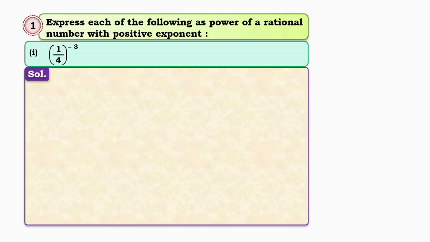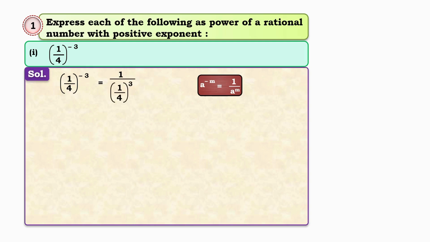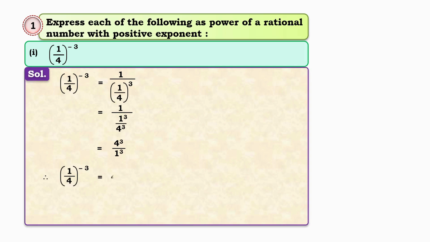So we have to make the exponent a positive number. So first we are going to apply the law. I think you can easily understand this step. I am showing you step by step. So here comes the final answer, 4 to the power 3.